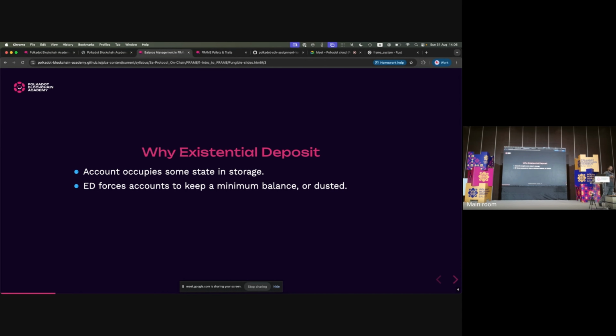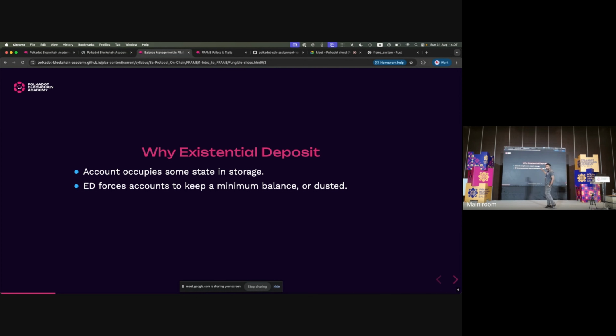You can create an account in Solana, but you have to deposit a small amount of SOL. They call it rent, to be able to reserve the space on the history. So I'm thinking this is similar, where if you want to maintain the state, you have to put a little bit of DOT in there to maintain the cost of keeping it there.